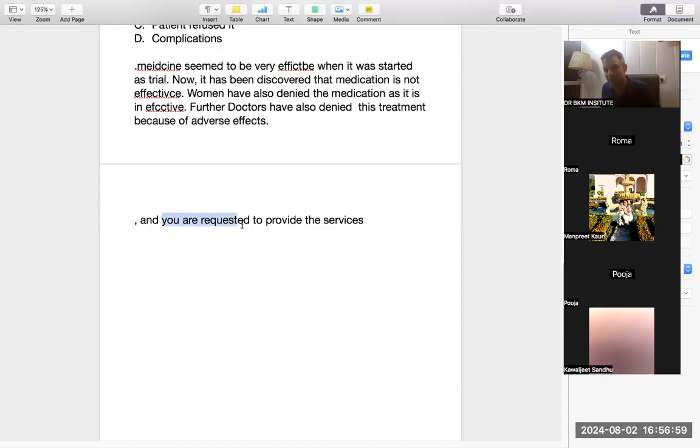Then this is also passive voice. You are requested by us, by me. I am writing the letter. Otherwise, if I would have written this line in active voice, I would have written, I request you to please provide the follow-up services. But again, this does not look nice. So that is why we make passive voice. And now you are requested to provide the follow-up care. Services is also a better word for care.